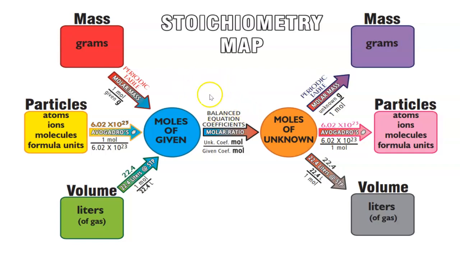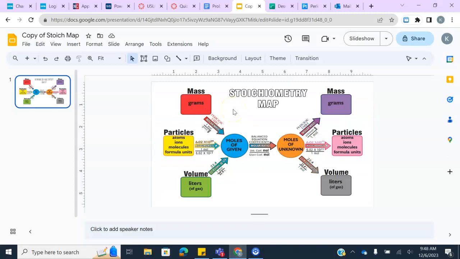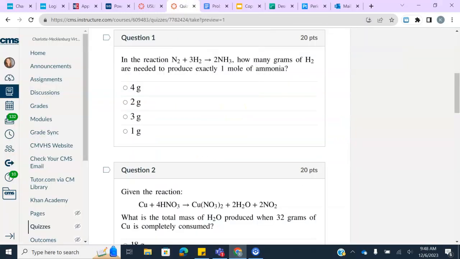So what we have to do is make sure our coefficients are balanced, and we have to use our mole ratios here. This is why we did a whole day of mole ratios. We have to get our mole ratio. So that is the first thing I'm going to do. I'm going to look at my ratios from my equation, and I have started with 1 mole of ammonia.